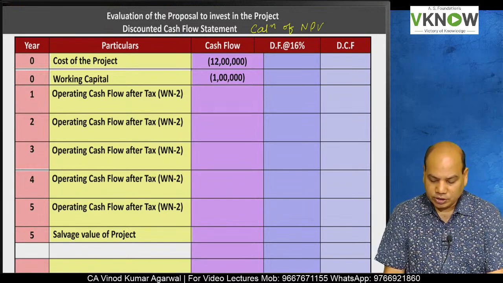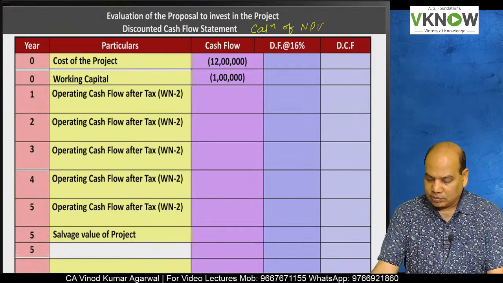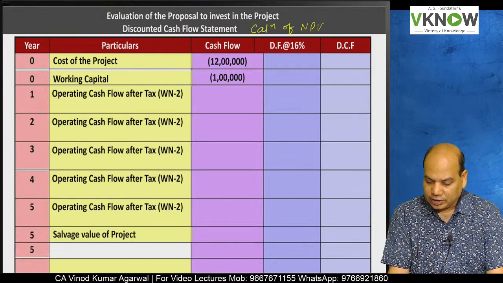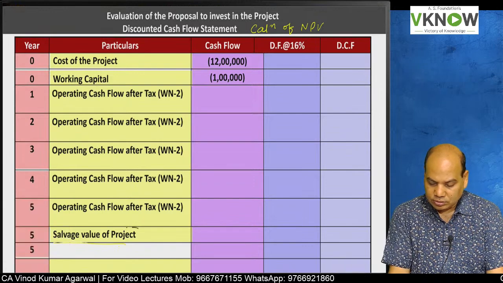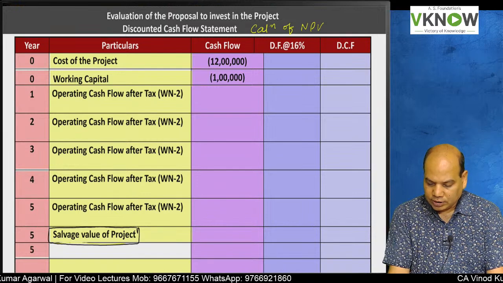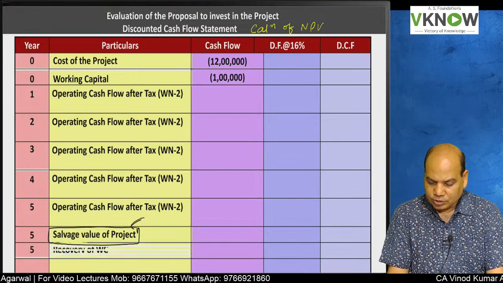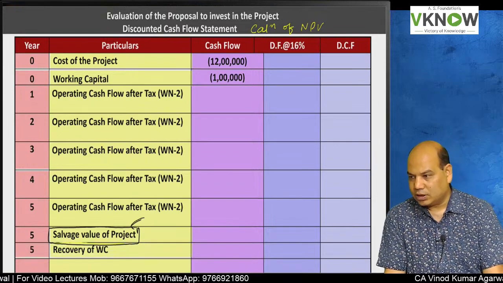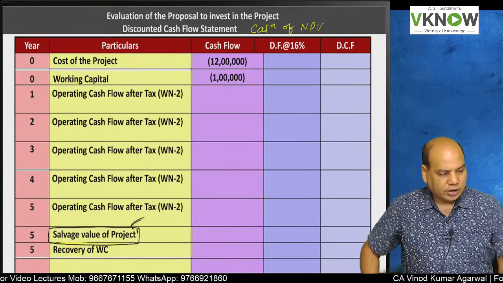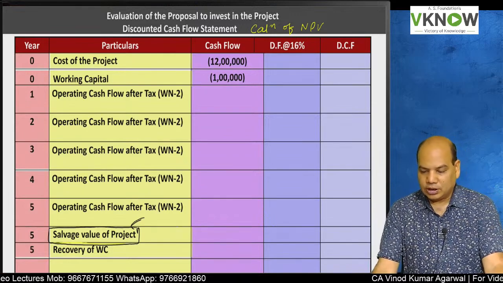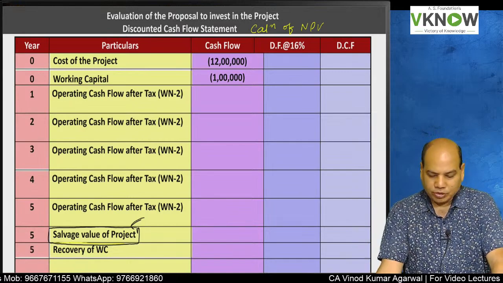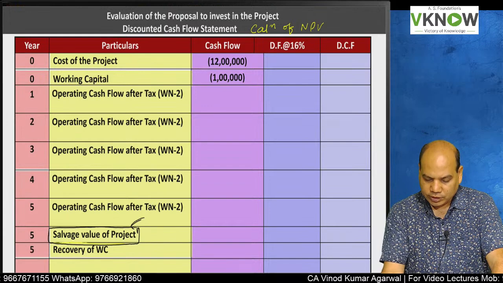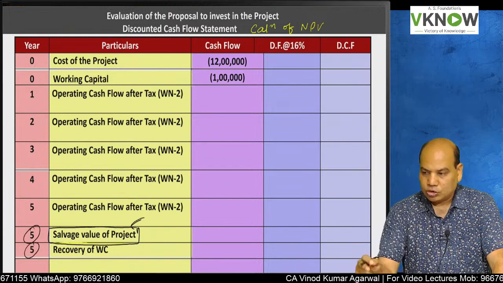But that amount we will write later, because I need to find out what will be WDV after 5 years. And one more thing, write down recovery of working capital. That amount will be written later, not 1 lakh, because some more working capital was added in the project. So don't worry, these two figures will also come later.